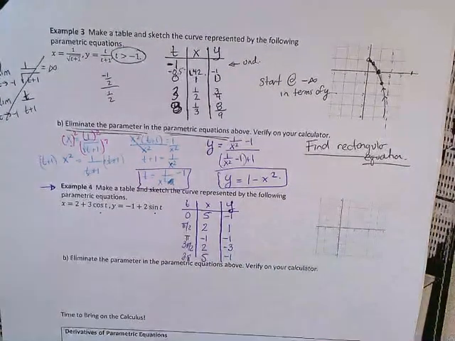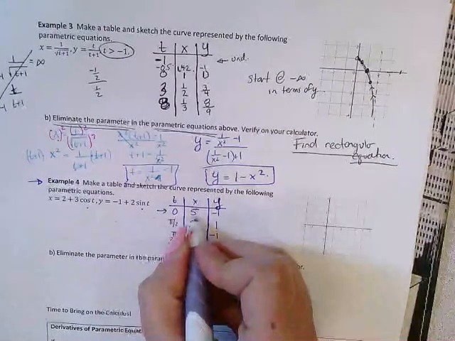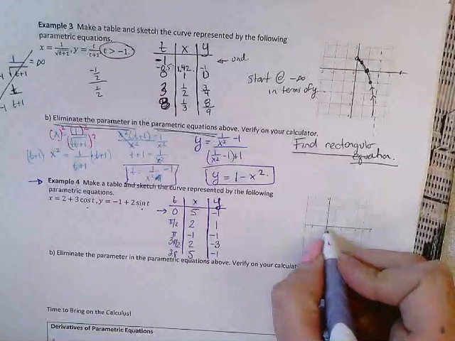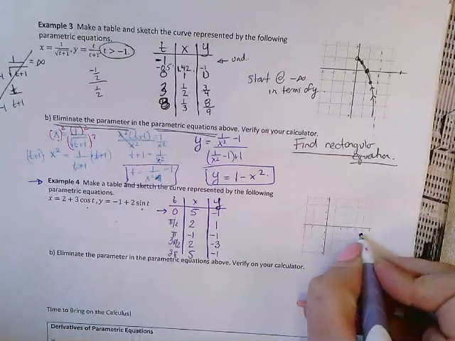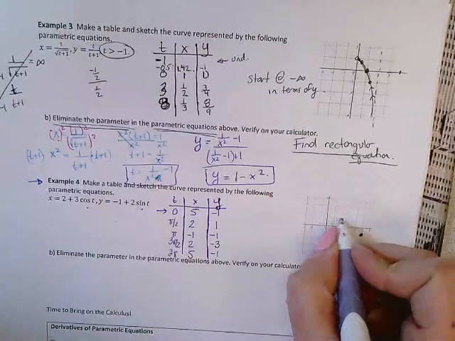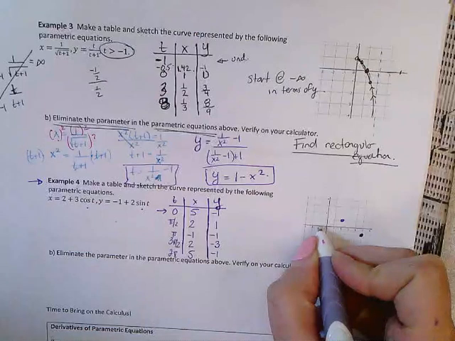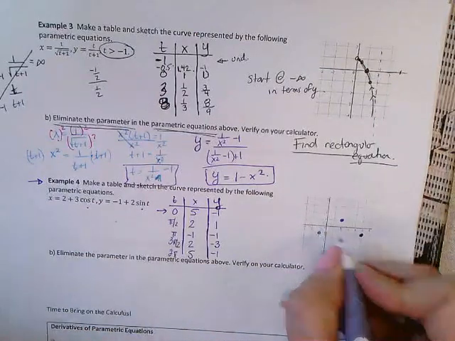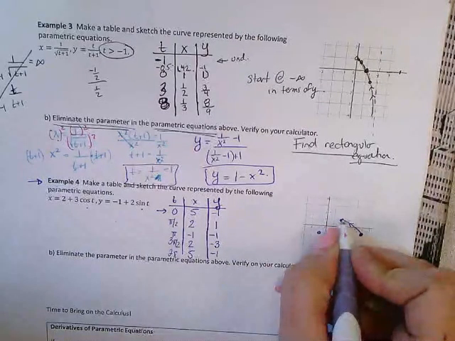So since we are graphing this based on the unit circle, we are going to start at 5, negative 1. So we're going to go out to 5, negative 1. Here's our starting point. Our next point is at 2, 1. Our next point is at negative 1, negative 1. So you notice in which direction are we going? Don't forget your direction.